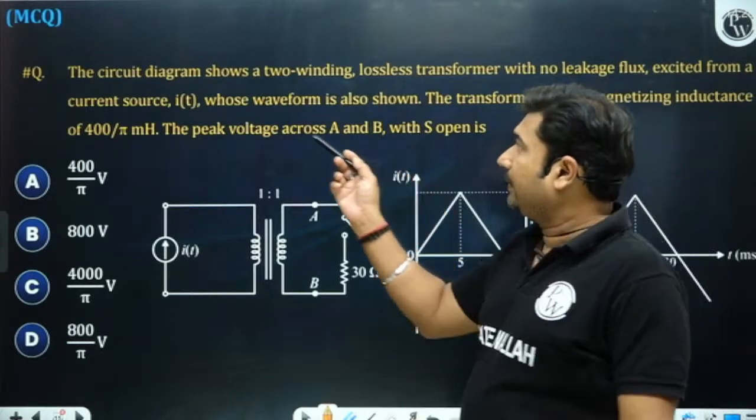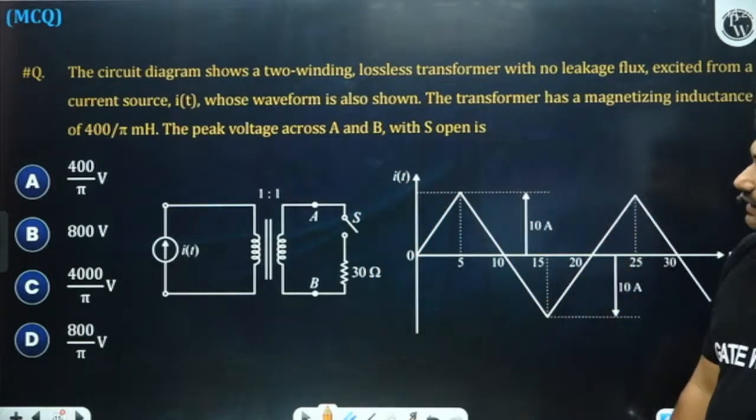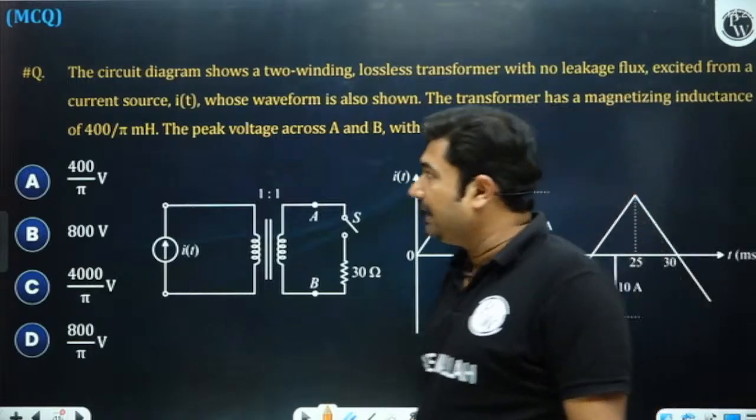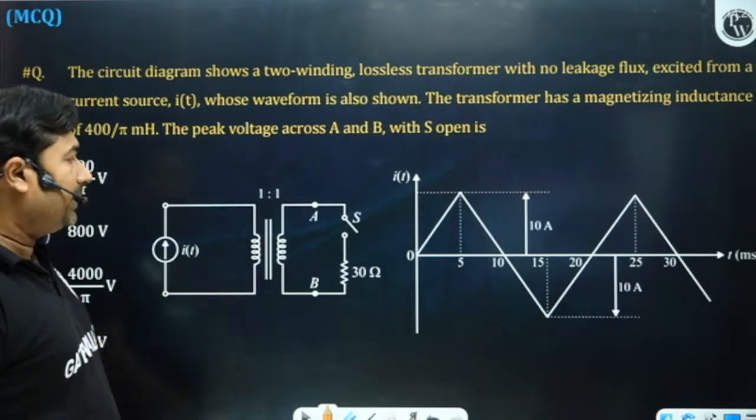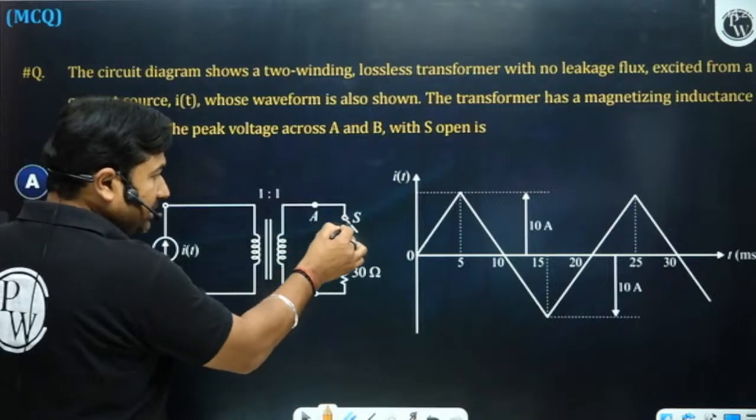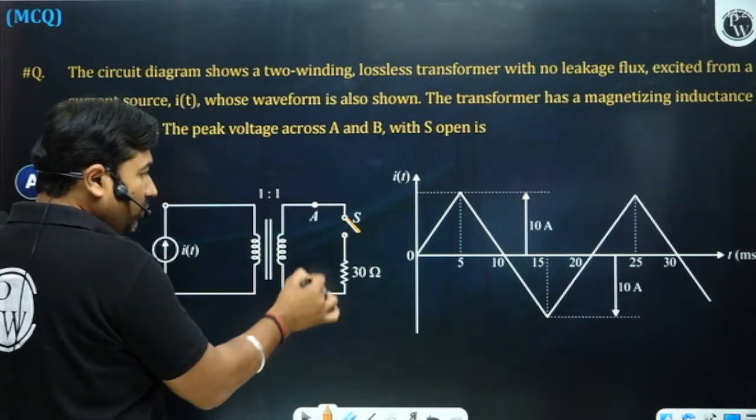Peak voltage across AB with the switch S open is? So in case this switch S is open, then what is the peak voltage across AB?